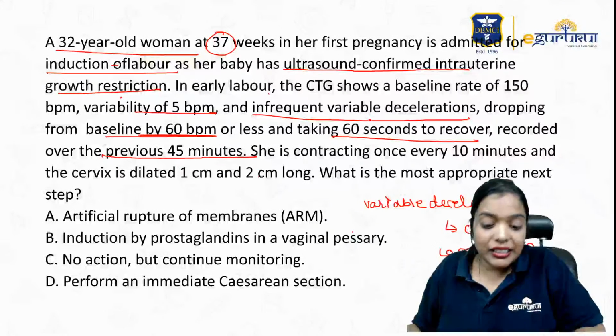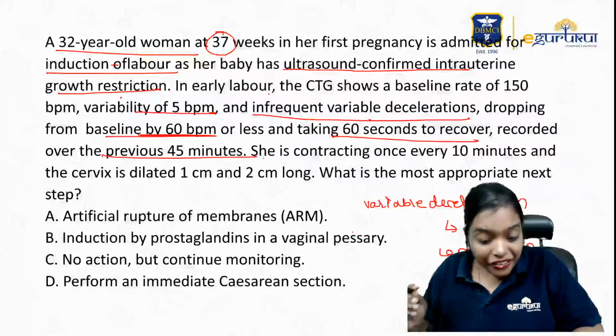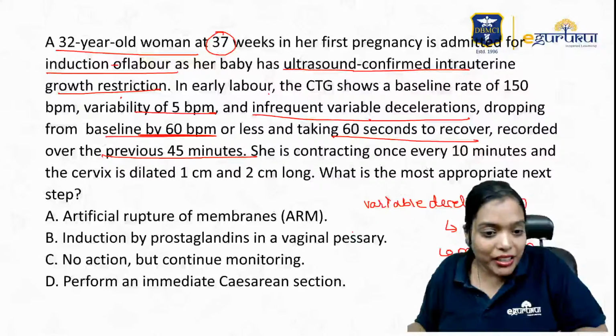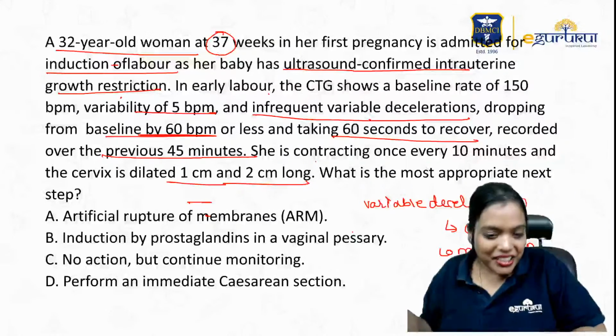So definitely this is abnormal. Right? So there is a definite cord compression. She is contracting once every 10 minutes and cervix is dilated 1 centimeter, 2 centimeters long. What is the most appropriate next step?